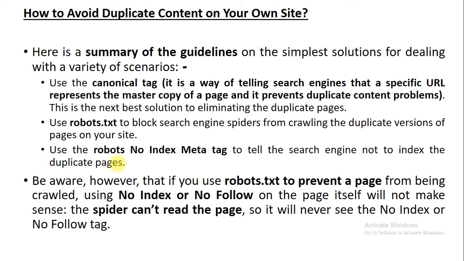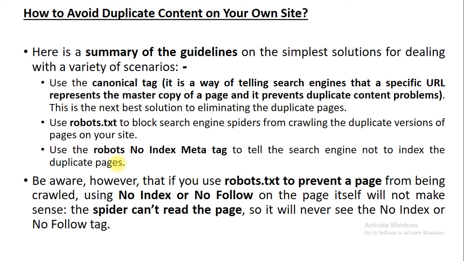Now what is a canonical tag? It is a way of telling the search engine that a specific URL represents the master copy of pages, and it prevents duplicate content problems. So this is the next best solution to eliminating the duplication of pages available on the website.